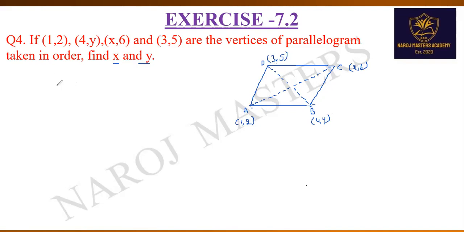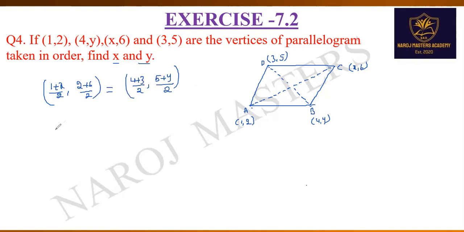So AC, that is (x1 plus x3) by 2, so (1 plus x) by 2, comma (2 plus 6) by 2, equal to (4 plus 3) by 2, comma (5 plus y) by 2.